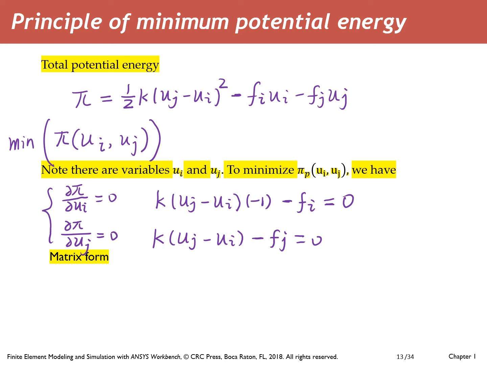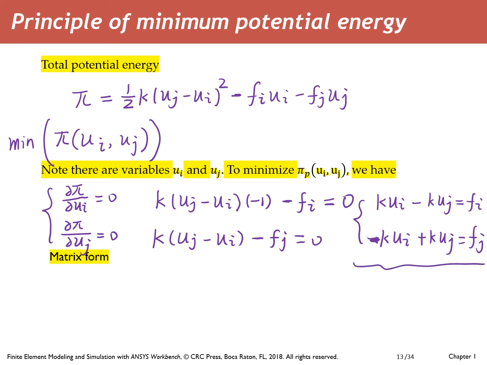Rearranging the terms and putting Fi and Fj on the other side, we get k ui minus k uj equals Fi, and minus k ui plus k uj equals Fj.